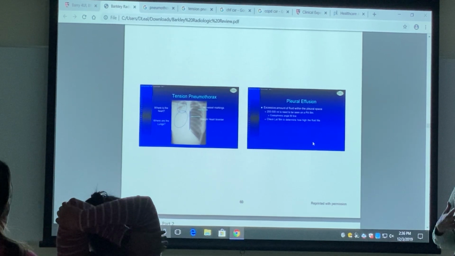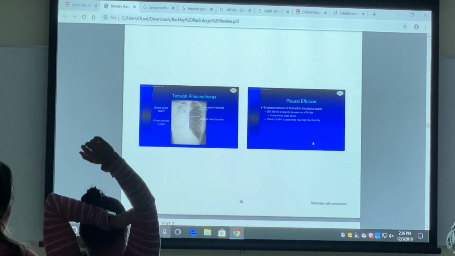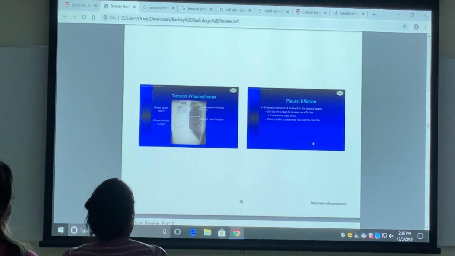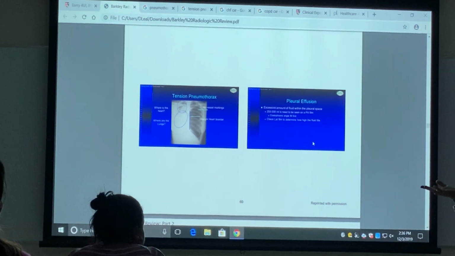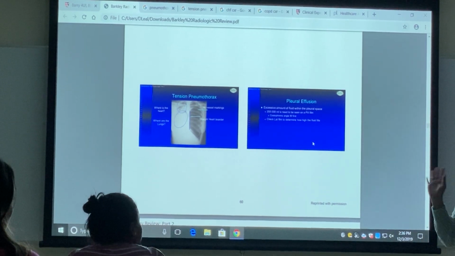And of course, depending on the amount of fluid, you do thoracentesis or not, right? Why? Because if you have a small pleural effusion, you're not going to do thoracentesis. You need more than 500 mL of fluid to do thoracentesis, even though we have seen, with ultrasound, 50 mL taken out. I have seen 50 coming out.